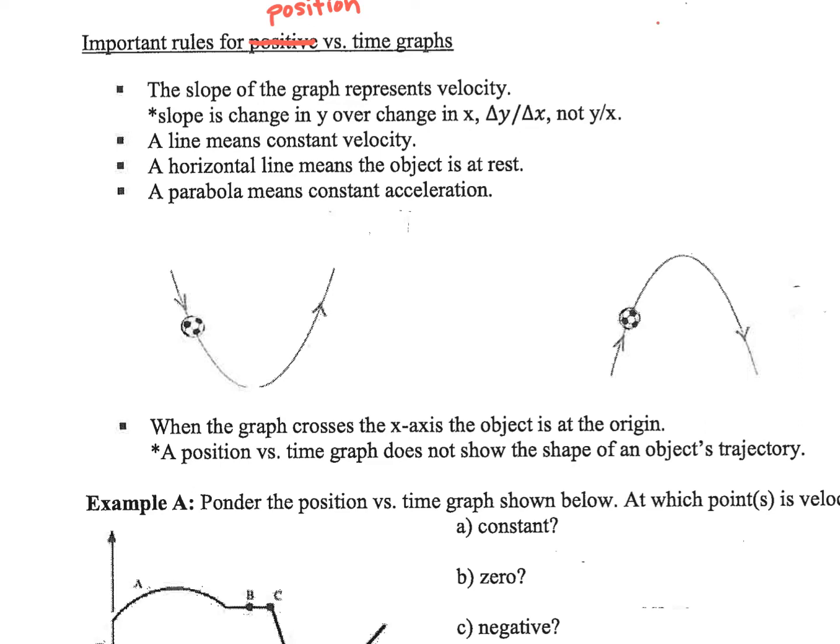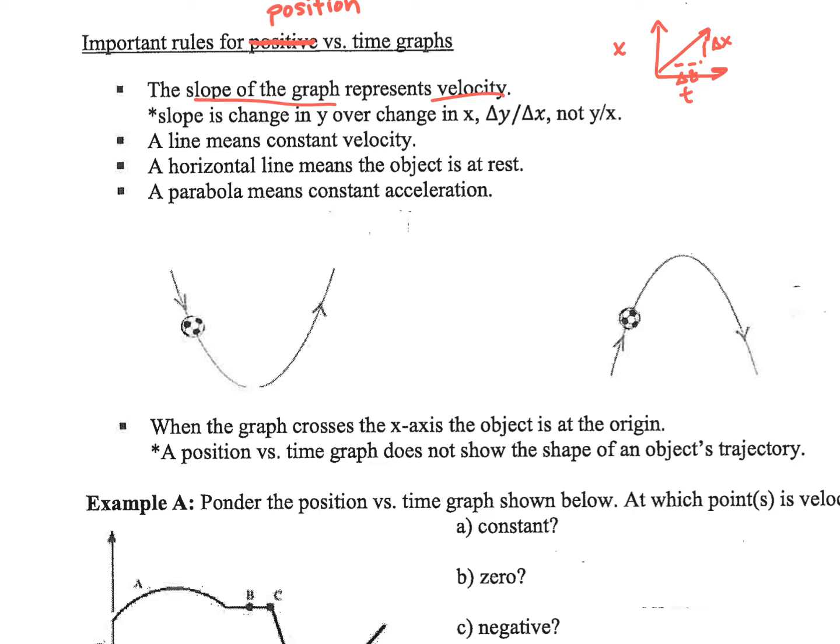If we have a position time graph, we have x on this axis and t on this axis. What would the slope of that be? Change in x over change in t, wouldn't it? So if you had something happening here, the slope going this way, this would be delta x and this would be delta t. So the slope of the graph represents velocity.